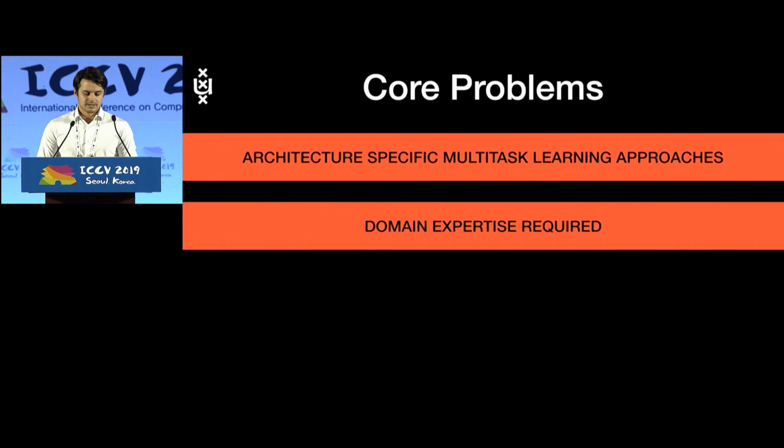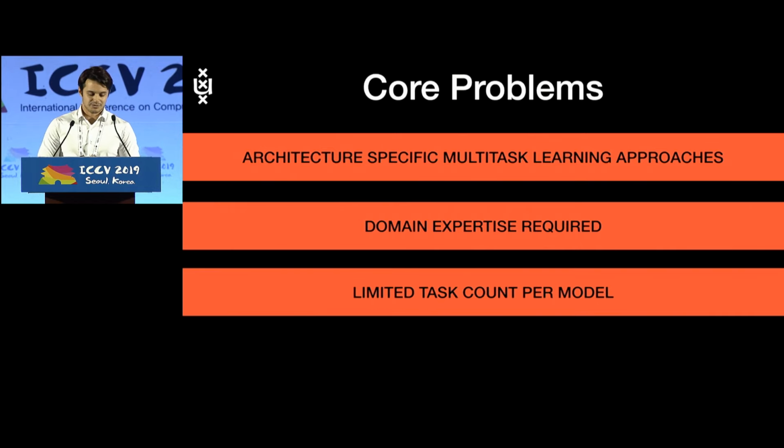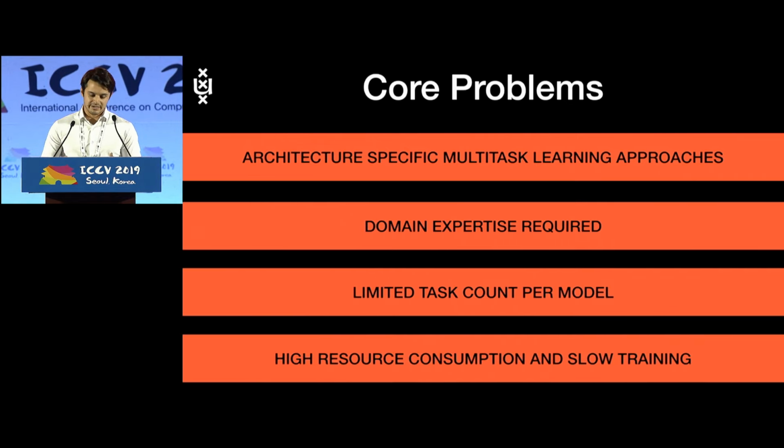Secondly, in any multitask learning scenario, information about task relationships is required so that we can adjust the learning process in a way that it benefits all the tasks during training. Third, we found that there is a limited task count per multitask learning model, and after a certain threshold, models seem to saturate and training becomes less effective, so the performance would degrade.